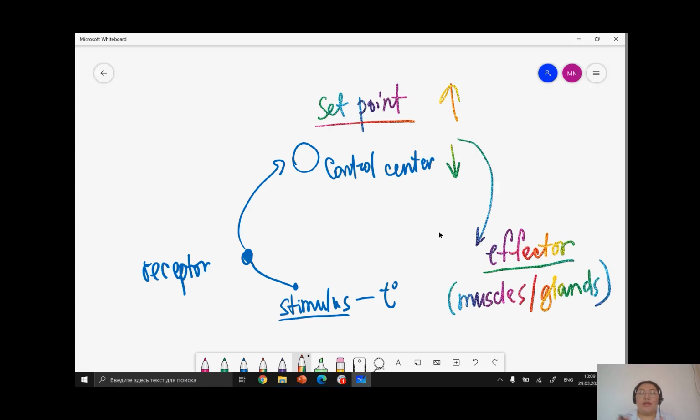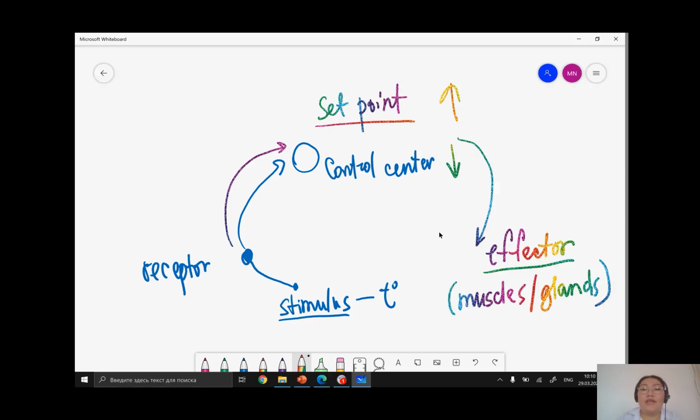Okay, so this is just the standard scheme for the mechanism: how can you regulate the changes in your body? We have the stimulus, we have the receptor that detects the stimulus, then we have some pathways to send the signal to the control center.